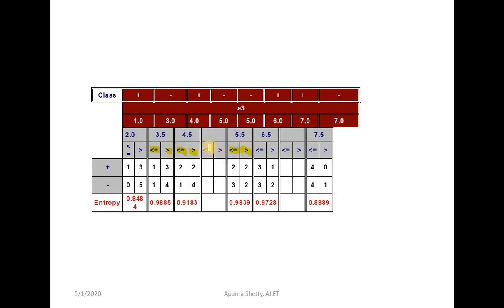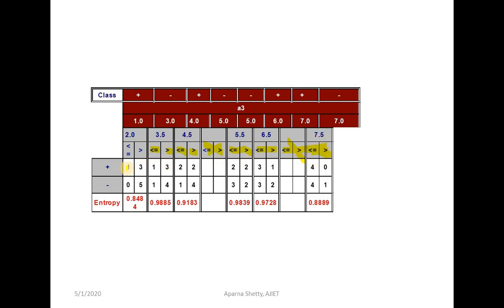Here 6.5 is also divided into 2 parts, less than or equal to and greater than. And 7.5 also you divide into 2 parts, less than or equal to and greater than.